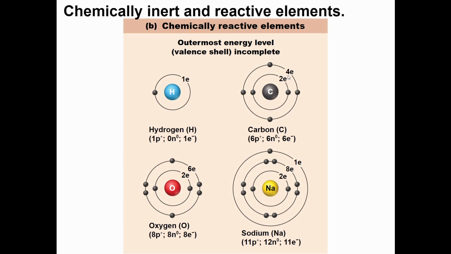As a result, carbon likes to form 4 bonds in order to share or get more electrons. Oxygen has 6 in its valence shell, and sodium has 1. They would all like more, or to give away electrons, in order to stabilize themselves, so they're reactive. They tend to form bonds.